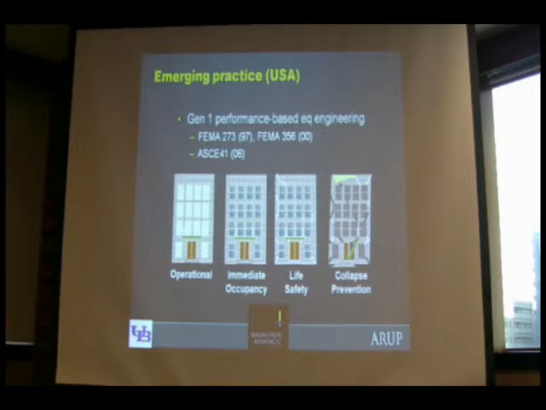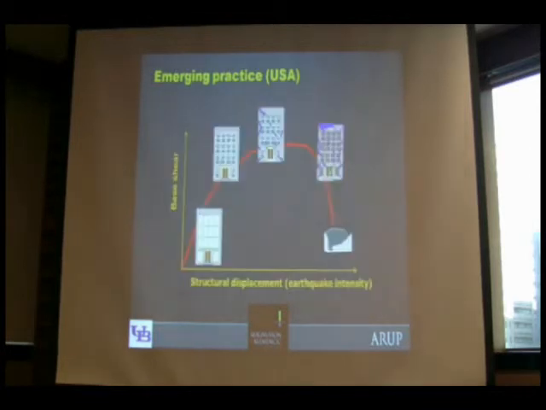You typically see, especially on the west coast of the United States, that power, gas and water are lost for a significant period of time after major events. So if you want operational performance, then you have to provide on-site power, on-site water, on-site gas and so on. And this last performance objective, collapse prevention, again is self-explanatory.